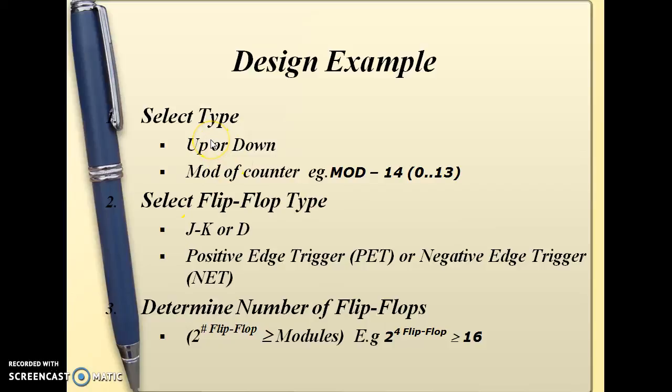For example, let us design a mod 14 up counter, and let us select JK flip-flop for the same. Then let us take a positive edge triggered flip-flop. Here we will get the number of flip-flops as 4, because we are selecting a mod 14 counter, which is less than 2 raised to 4, that is 16.